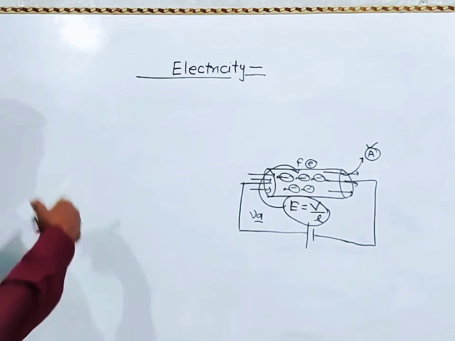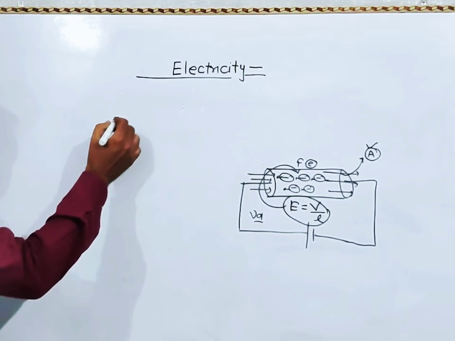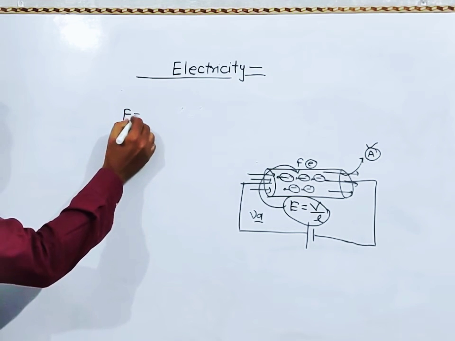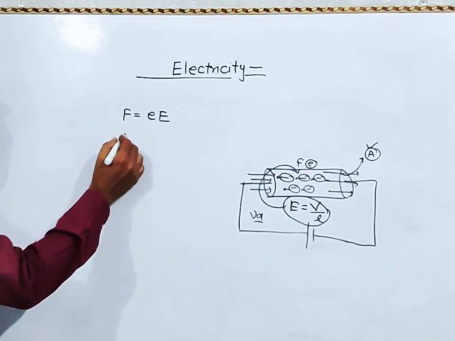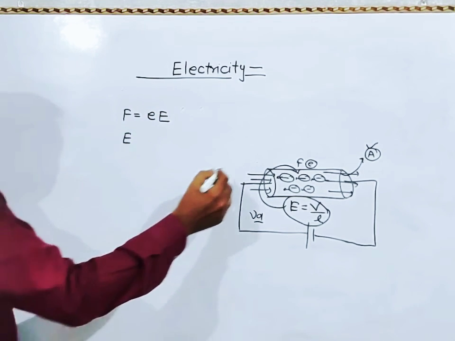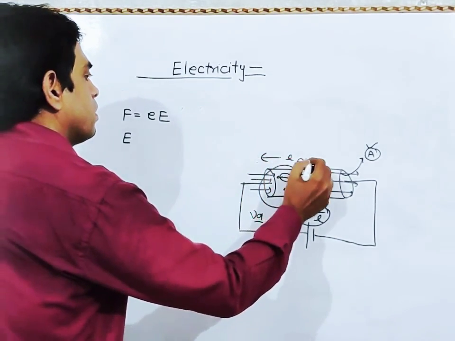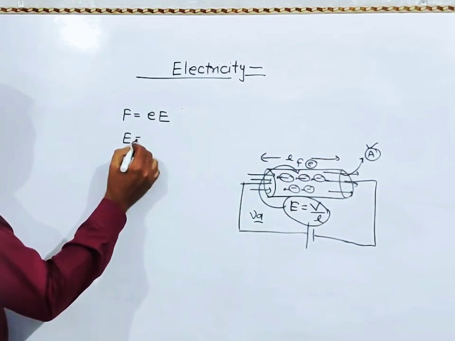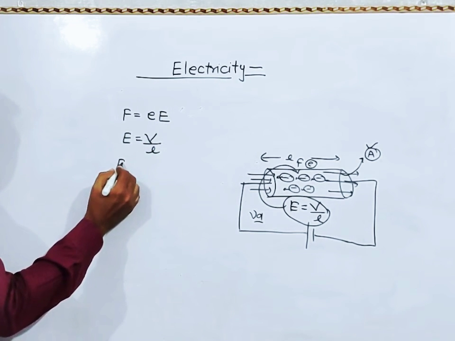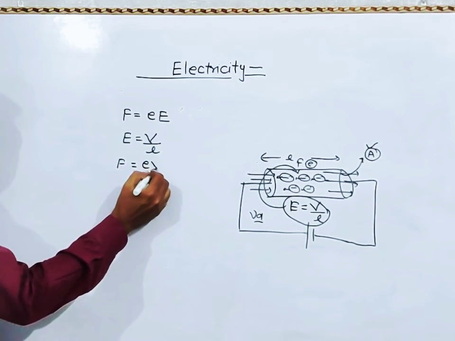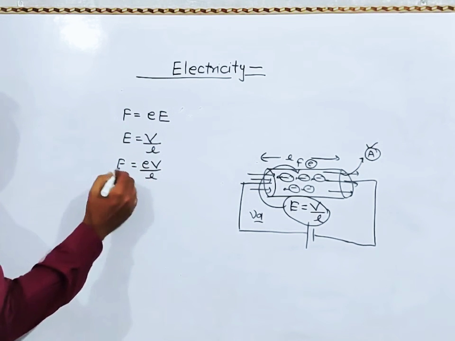Now what do we do? We repeat the same thing. F is equal to eE, and what is the electric field? Suppose that this time we are taking the length of the conductor L, so the electric field E is equal to V by L. So F is equal to e times V by L, and what is F?